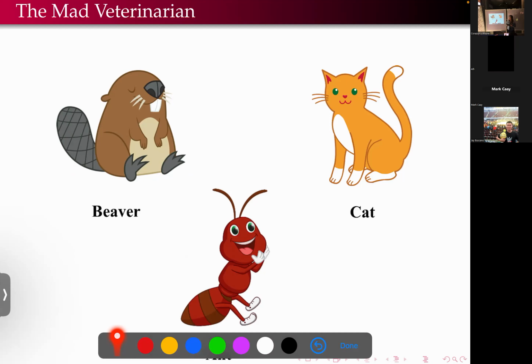Before I introduce the graph and talented monoids, a motivation for that is this story of the so-called mad veterinarian puzzle. There is a mad, but also crazy and genius mathematician, or veterinarian, and he is working with three animals: beaver, cat, and ant.